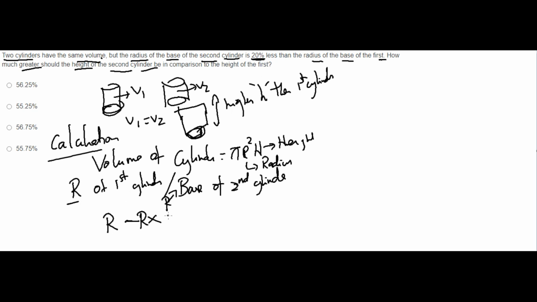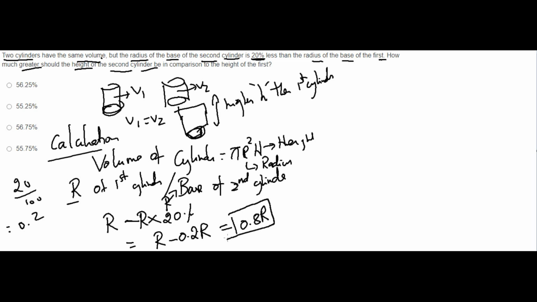So r minus r into 20%. That is very important, because you have to multiply by 20%, then only it will be reduced. 20% is 20 by 100, which equals 0.2. So r minus 0.2 r is equal to 0.8 r. You understand, 0.8 r.